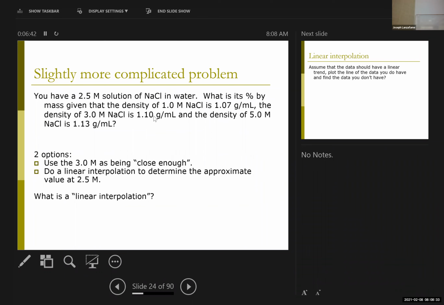If it's not 2.5 molar at the right temperature, I don't have a lot of sig figs, right? But if you look at the numbers there I do have, right, I've got 1 molar, 3 molar, and 5 molar. They are, quite frankly, all the same number to 2 sig figs. They are not the same number to 3 sig figs.